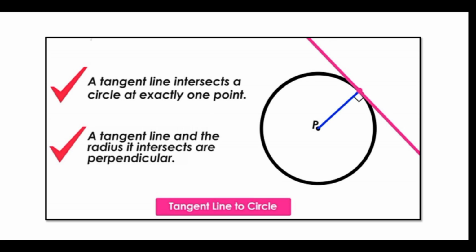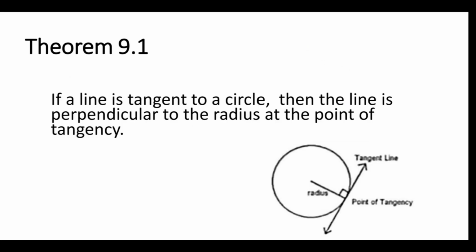So to begin the investigation, we have here theorem 9.1. It states in that theorem that if a line is a tangent to a circle, then the line is perpendicular to the radius at the point of tangency.